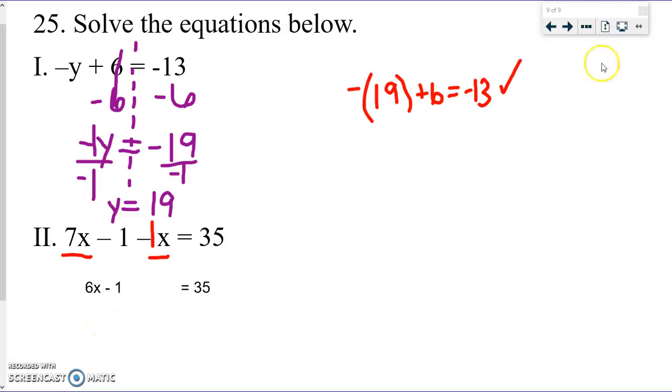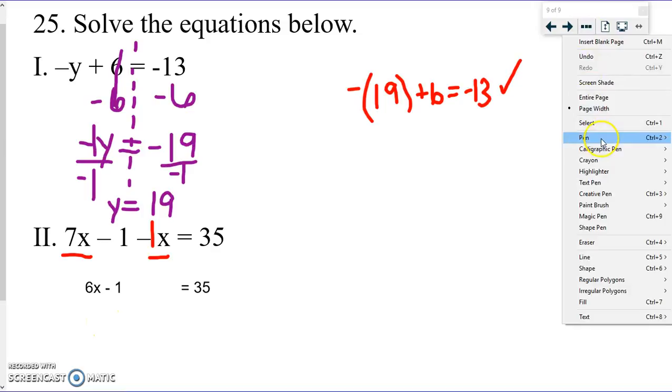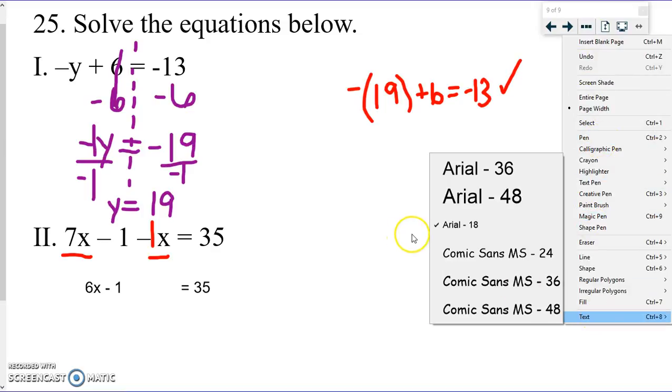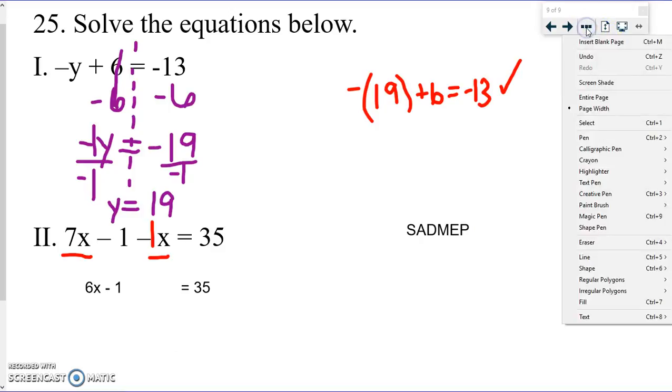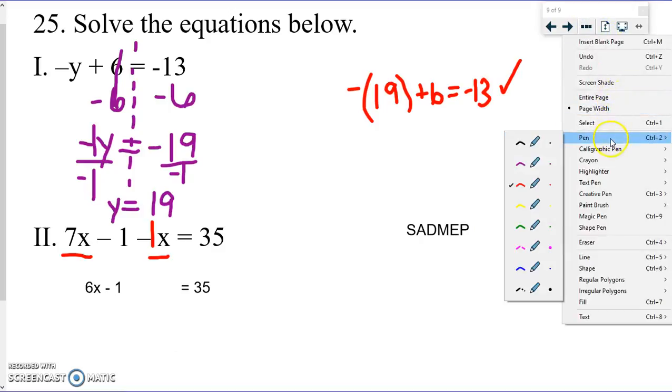So remember, when we are solving equations with multiple steps, we need to do our order of operations backwards. So normally we do PEMDAS, but here we're going to do it backwards when we solve. So we do inverse operations and we do PEMDAS backwards. So we have to undo the addition and subtraction before we can undo the multiplication and division.